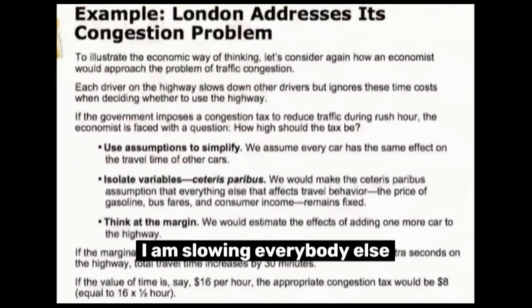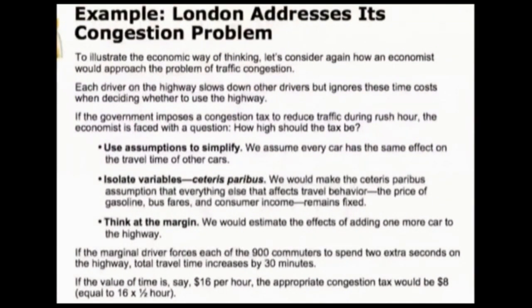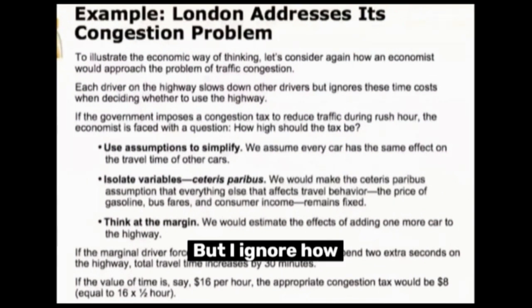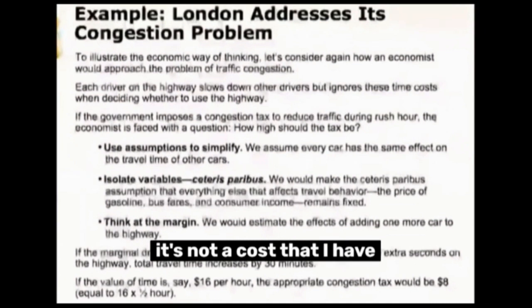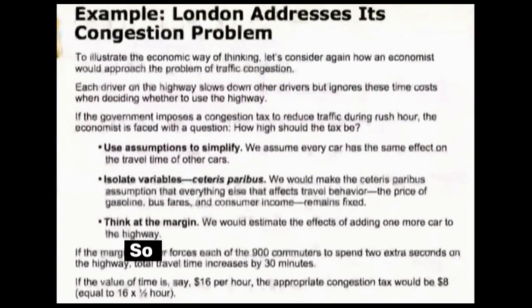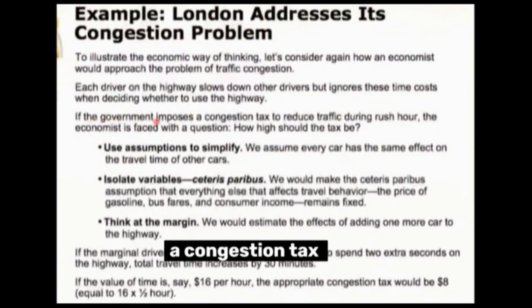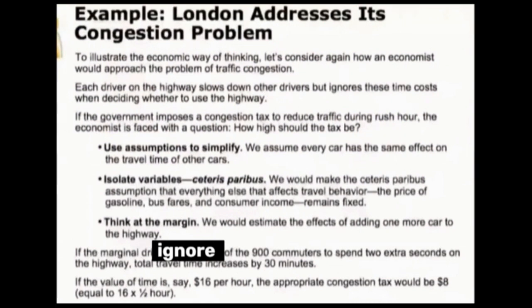When I get on the freeway, I am slowing everybody else down. But I ignore how my entering the freeway slows everybody else down because it's not a cost that I have to incur. So the economic way of looking at it is to impose a congestion tax that gets me to not ignore these time costs.